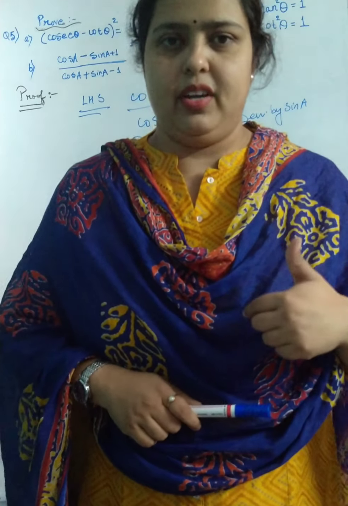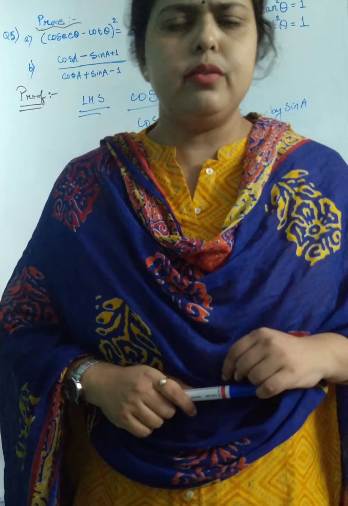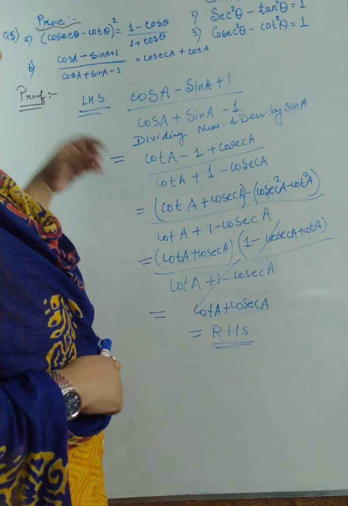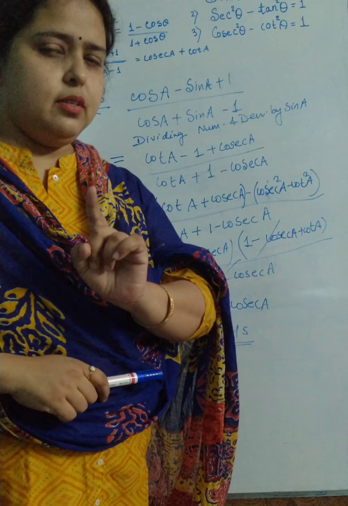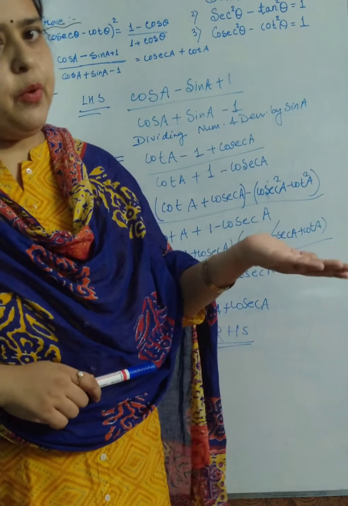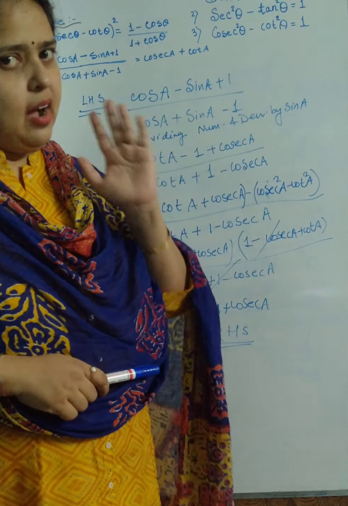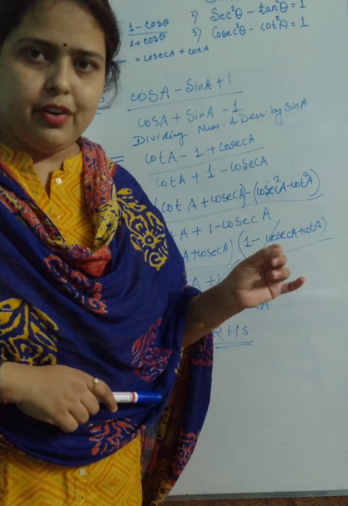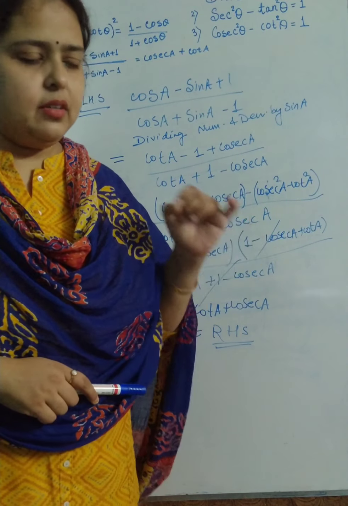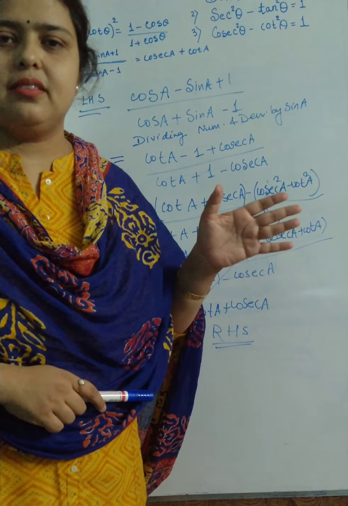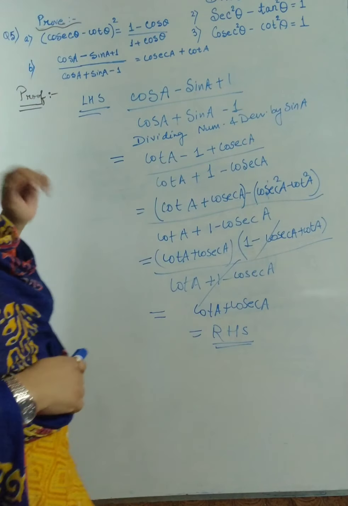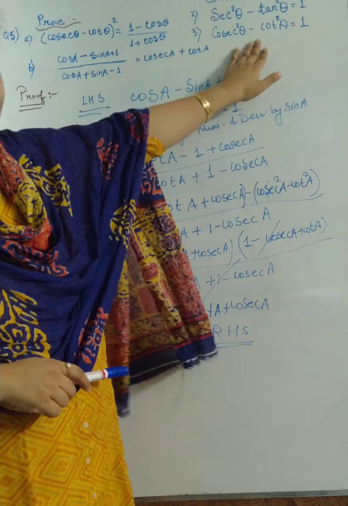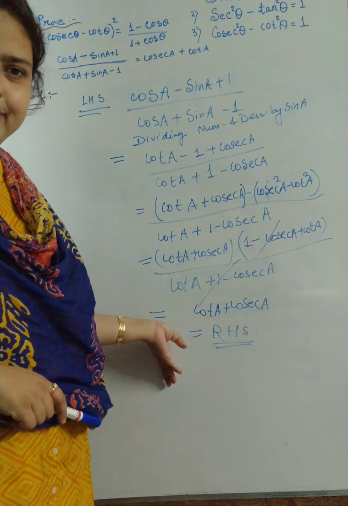We can use anything else also. I have used this process. You may go with another process, but our target is to prove the identity. It can be done in whichever way, and the correct process will get full marks. So have a look at this process. I used the third identity, and here is the result.